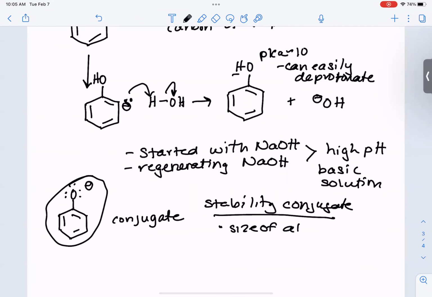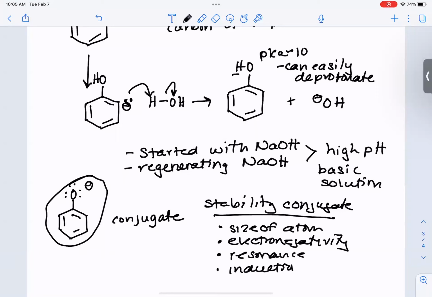I think I even wrote them down the other day when we were talking about aromaticity. We looked at the electronegativity. We looked at resonance. We looked at induction. And we looked at s character.